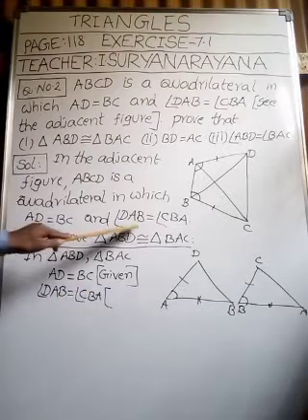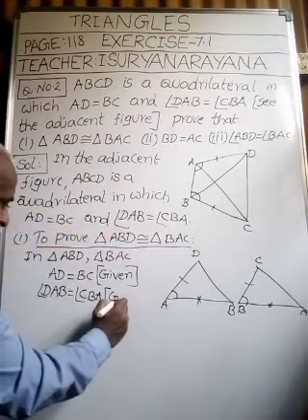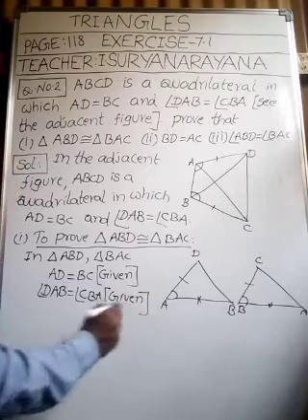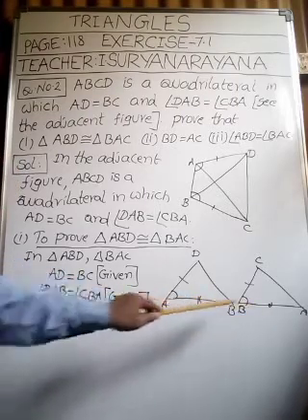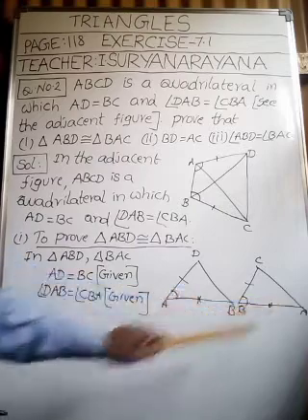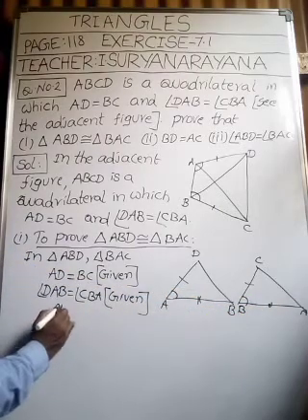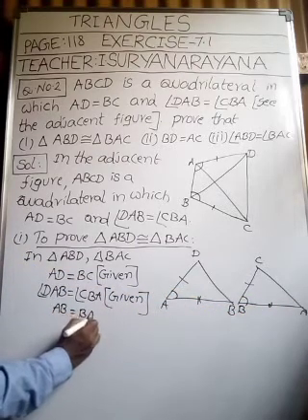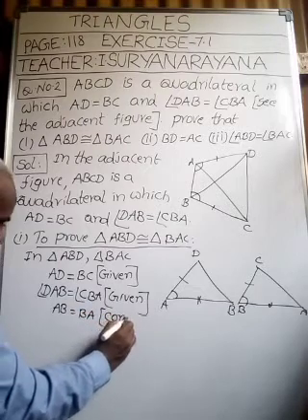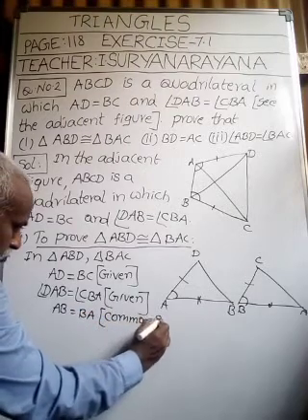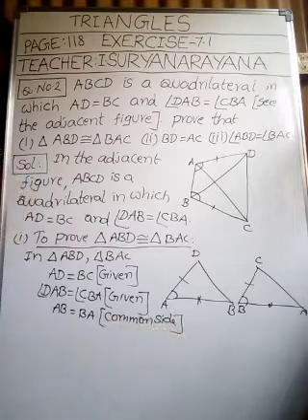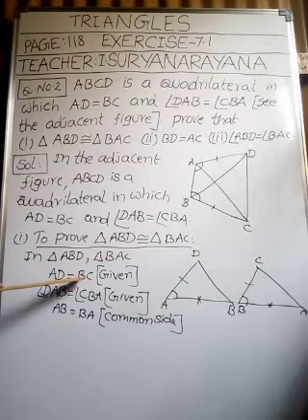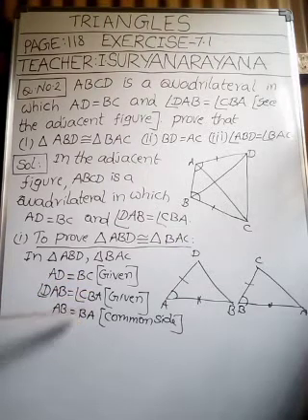It is also given here. And now, if we compare these two triangles, AB length equal to BA length. AB is equal to BA. This is the common side for these two triangles. Understood these steps, my dear children? Right. So, by SAS congruence rule, these two triangles are congruent.